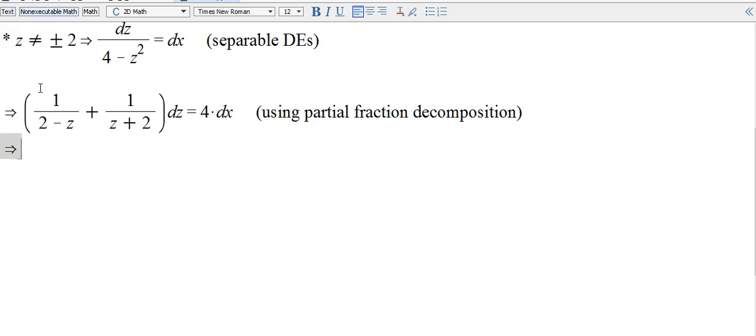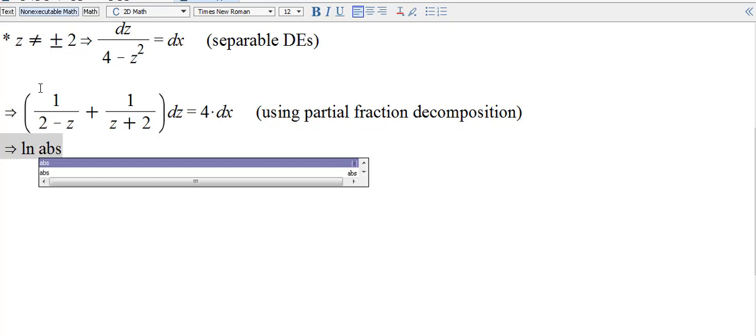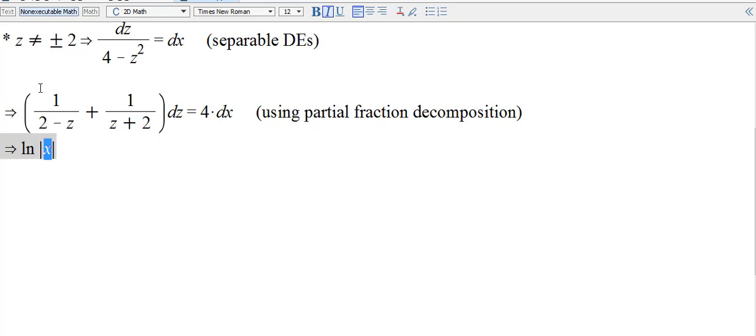Then we integrate both sides and we obtain the logarithm of the absolute value of (z plus 2) over (z minus 2) equals 4x plus some constant c.